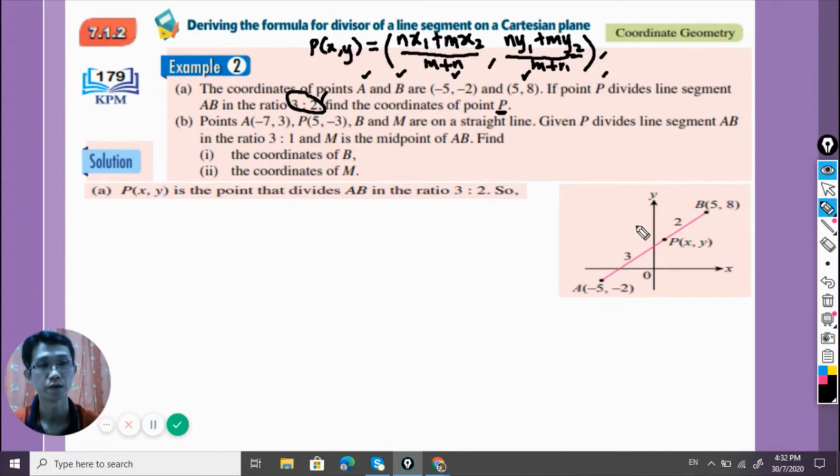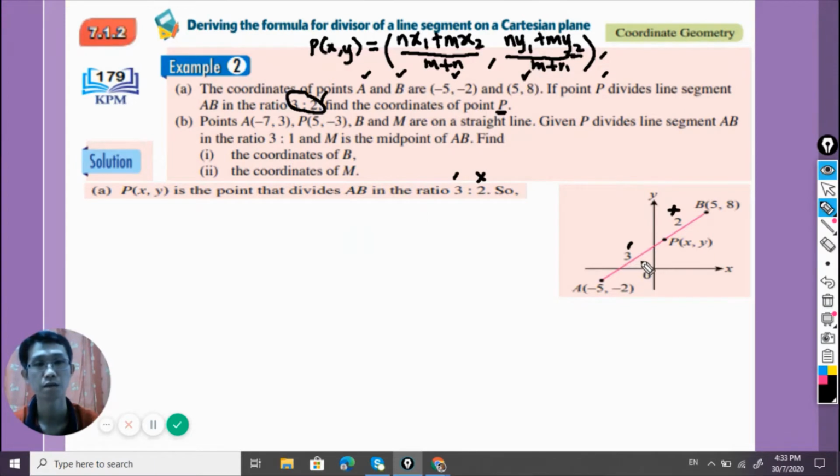So you have to write the ratio 3 first, starting from A towards B. So it's 3 here and then followed by 2 before the point B. If I change this statement to P divides line segment BA in the ratio 3:2, then you have to switch the ratio, so 3 here and 2 here, and the position of P would move slightly to this side to indicate 3 parts versus 2 parts.